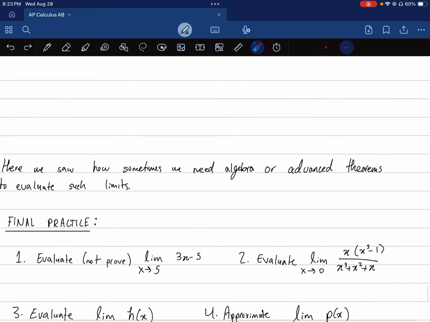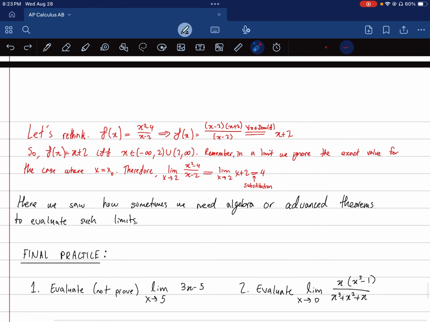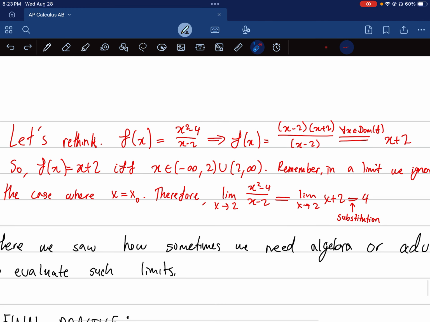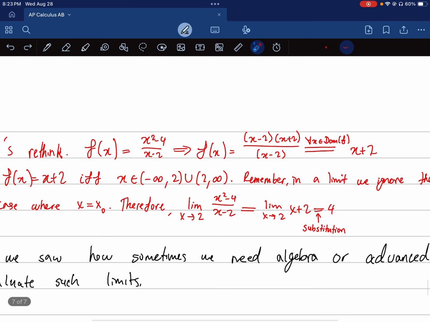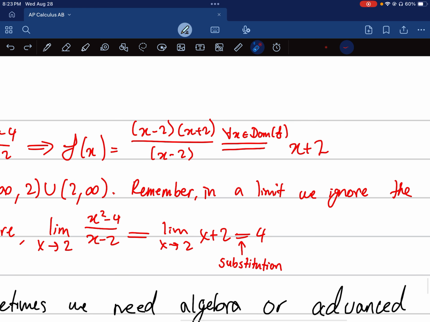How do we prove that algebraically? Well, let's rethink. f of x is the following, which means that f of x is equal to, by factorization, x minus 2 times x plus 2 over x minus 2. And remember, in pre-calculus we learned we can, for any x that belongs to the domain of f, cancel out.